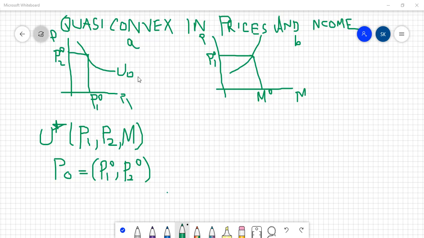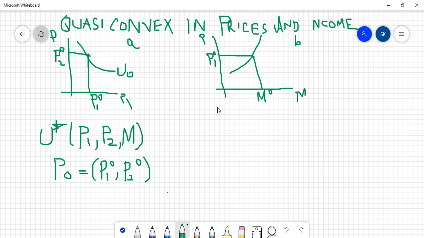It is the contour of the indirect utility function through that point, which is convex to the origin. The worse set W of P naught, that is the set of P1, P2 giving utility less than or equal to that at P naught, lies northeast of P naught.